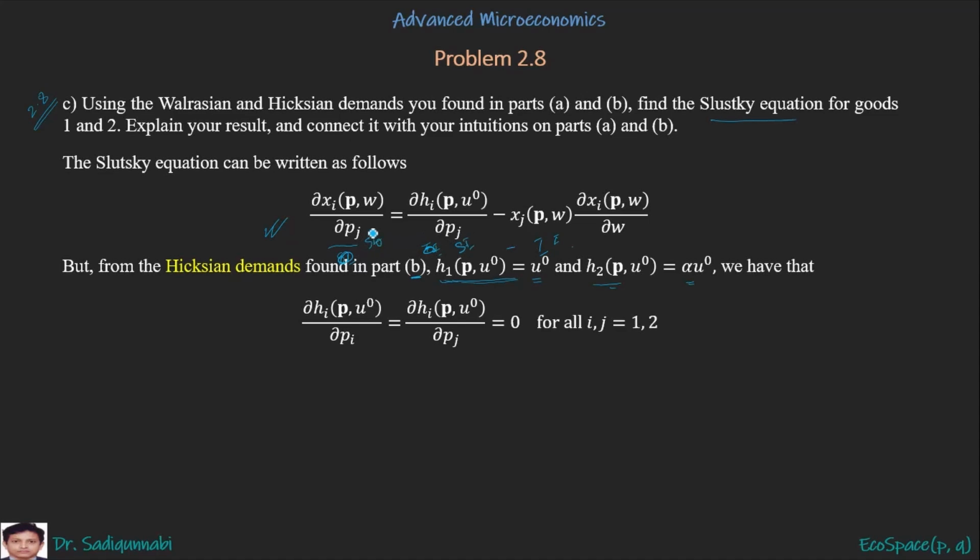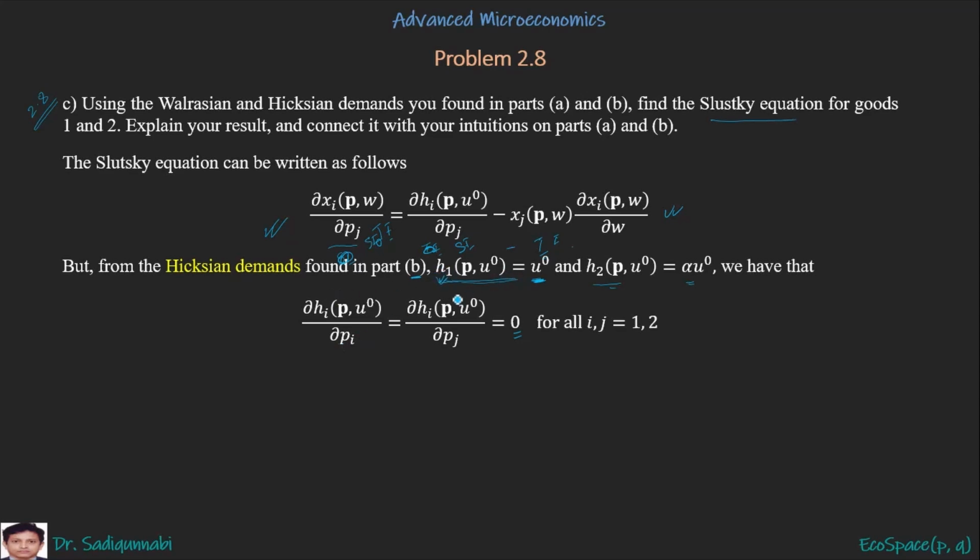Okay, so this is the derivative of h_i(P, U0) with respect to P_i, equal to the derivative of h_i(P, U0) with respect to P_j, equal to 0. Why? Because utility is constant, so the derivative of this with respect to P is equal to 0.